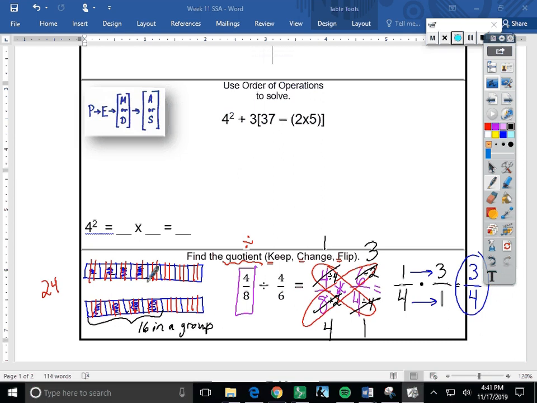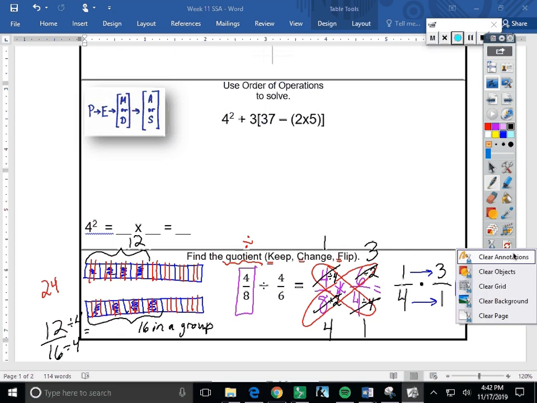I only have 12 of the 16 I need. If I divide the top and the bottom by a common factor of 4, you will find that I end up with the same result of 3/4. It does check out with the model. That model wasn't great for me because I ended up with very small pieces and my counting skills weren't so hot on a Sunday evening.